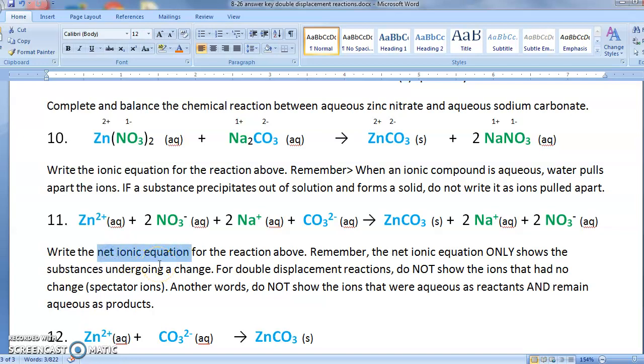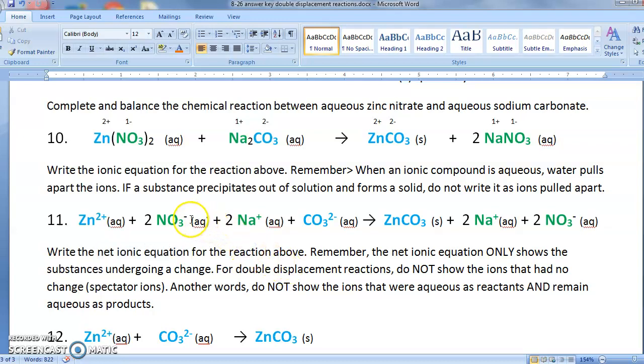The next thing they want us to do is write the net ionic equation. If you remember, on the net ionic equation, we write only the things that underwent changes. You only show stuff that had a change. For double displacement reactions, the changes will refer to things that are not able to remain in solution.